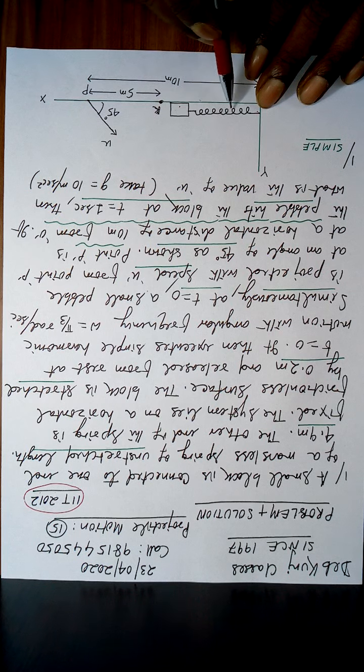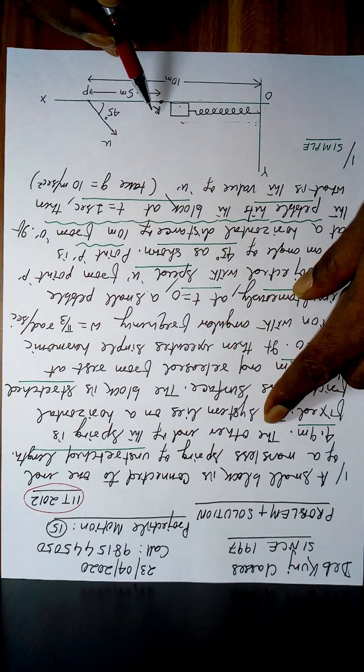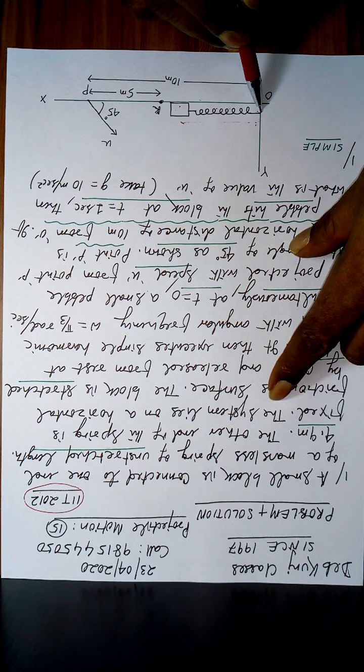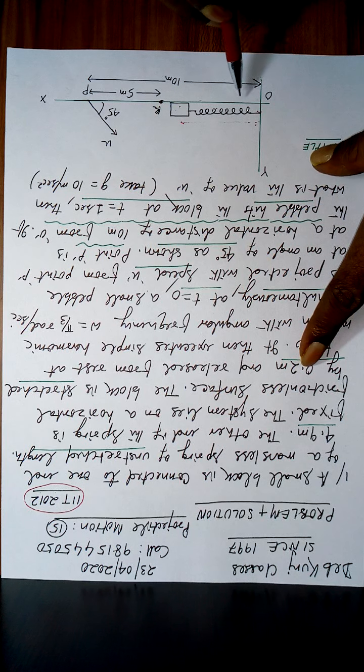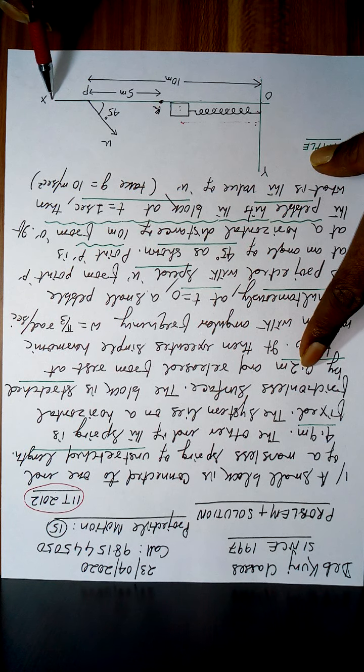Before stretching, its length is 4.9 meter. The other end of the spring is fixed here. The system lies on a horizontal frictionless surface. The spring and the block lie on this surface OX, which is frictionless.